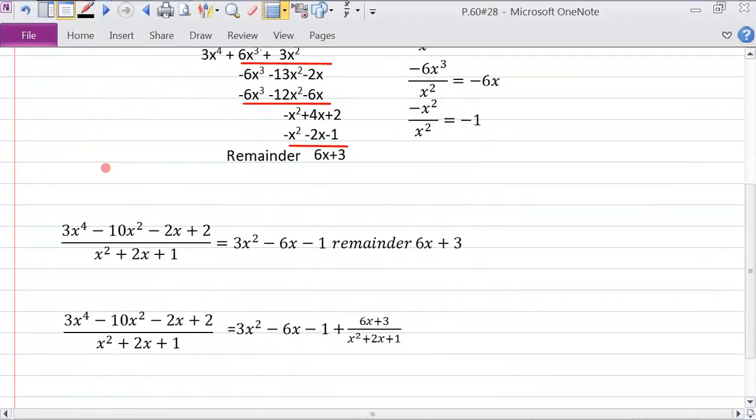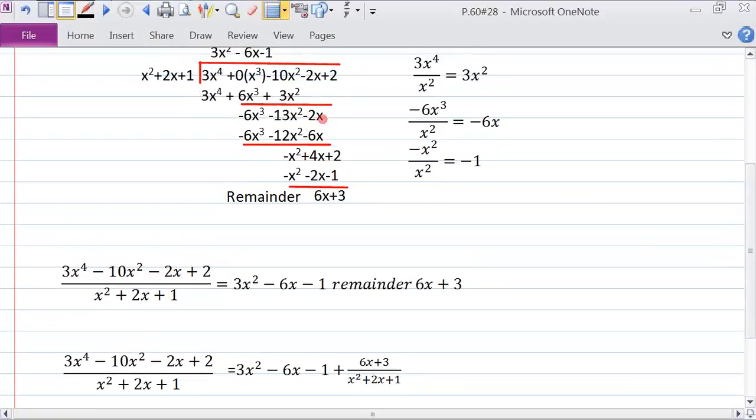So we can express the answer as 3x to the fourth minus 10x squared minus 2x plus 2, which is right over here, divided by x squared plus 2x plus 1 right over here, gives us, here's the answer, 3x squared minus 6x minus 1 with a remainder of 6x plus 3.